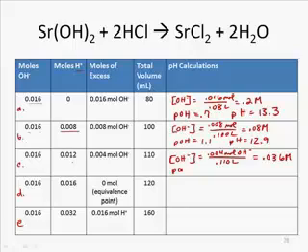So that gives me a pOH of 1.44 and a pH then of 12.56.